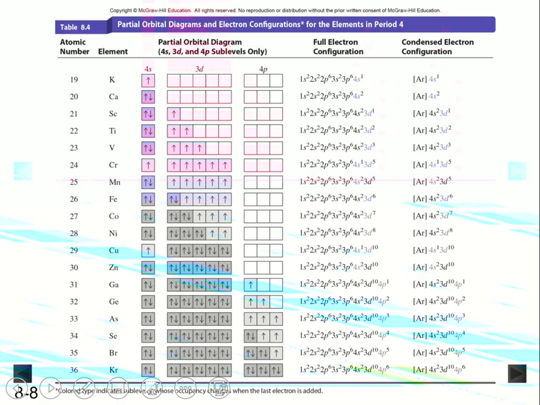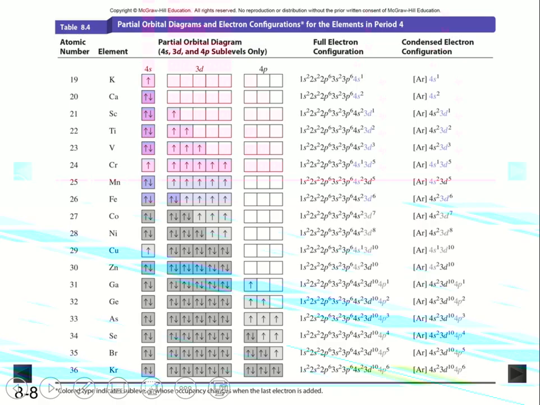Well, the rationalization is that a half-filled 3d subshell is a favorable energy state. That's more favorable than the 4s2 3d4. A half-filled 3d subshell, where every orbital has 1 electron in it, is a more stable configuration.